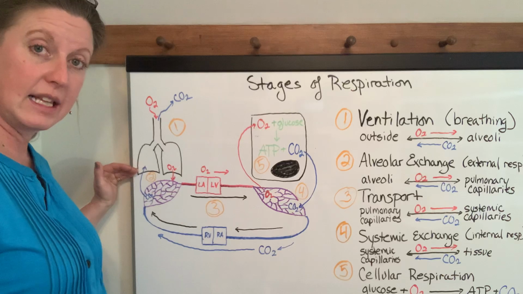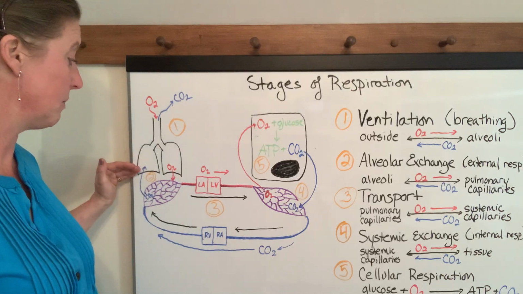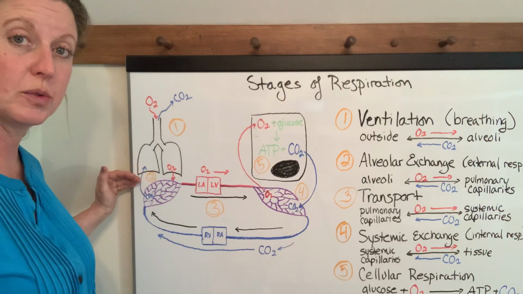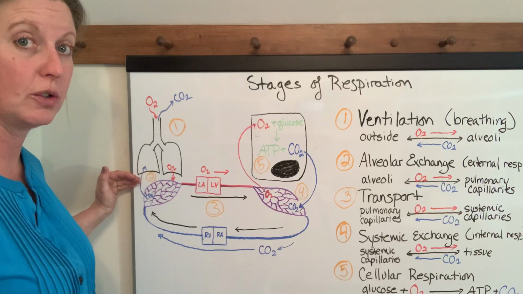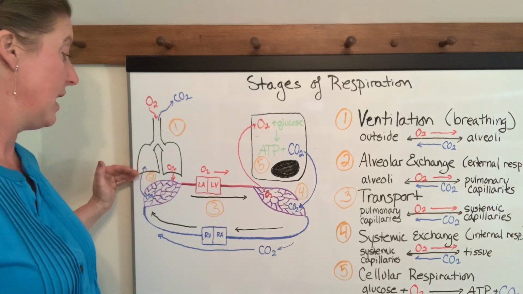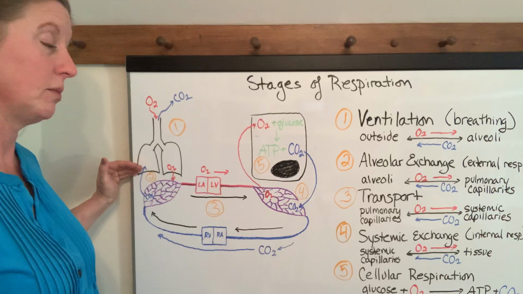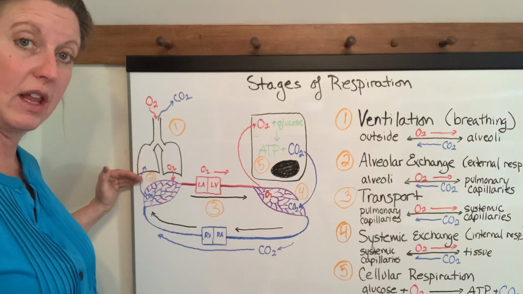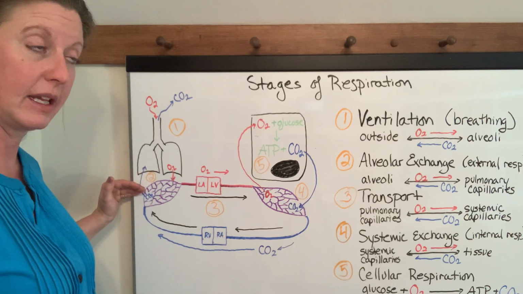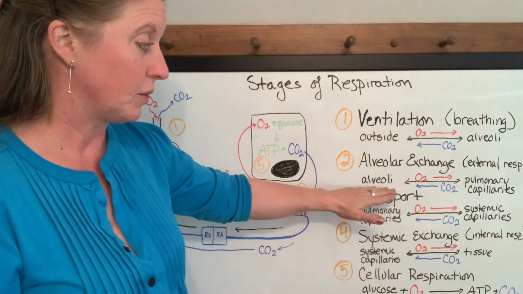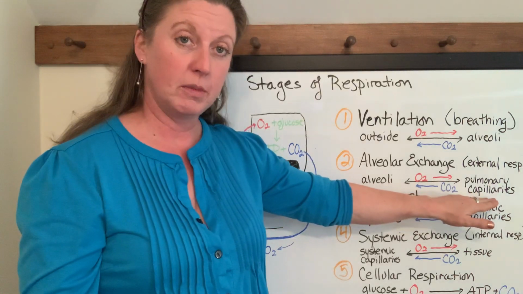Now, from ventilation, we move to alveolar exchange, which is also known as external respiration. Now, in this process, the gases are moving between the alveoli of the lungs and the pulmonary capillaries, right? So between the alveoli and the pulmonary capillaries.